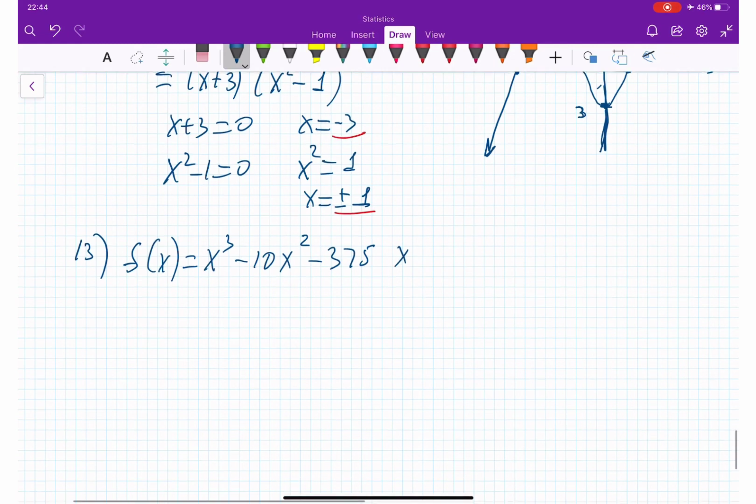Okay, so we have x here, x here, x here, which means right away I have to take x out and get x squared minus 10x minus 375. Okay, well, what do we have? Looking at this, the highest degree is going to be degree 3, correct?